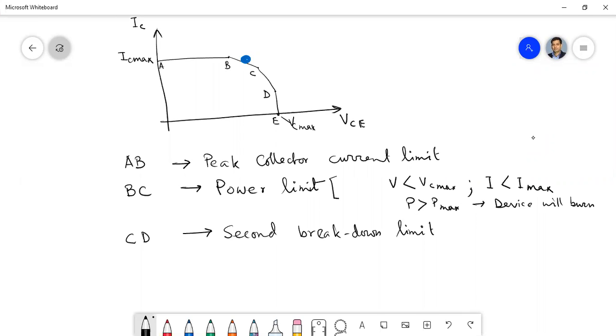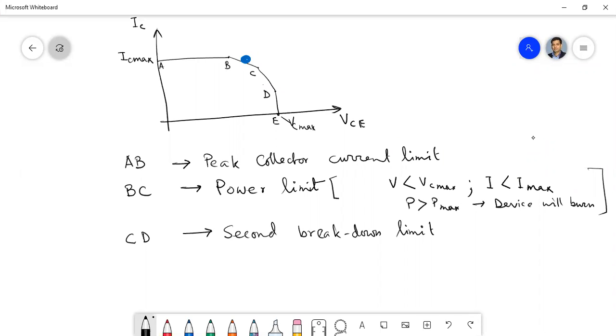During the turn off, the operating point of the BJT must be located below this line. Otherwise, the device can be damaged. Obviously behind this phenomenon there is some device perspective, but I am not going into that.